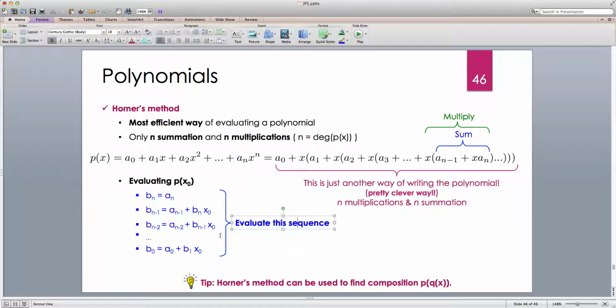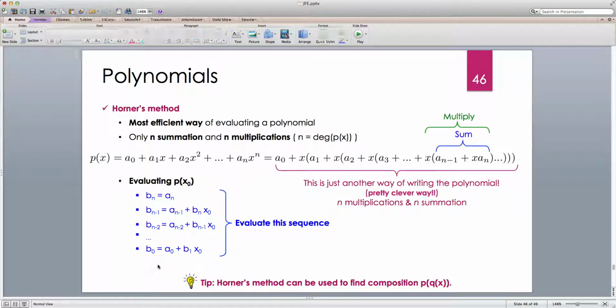And so we create another sequence called bn, and the nth term is basically an, and then in each recursive evaluation for b, we multiply by x and add the next coefficient. So bn minus 2 is the previous term, bn minus 1 times x plus an minus 2, all the way to b1 x0 plus a0.